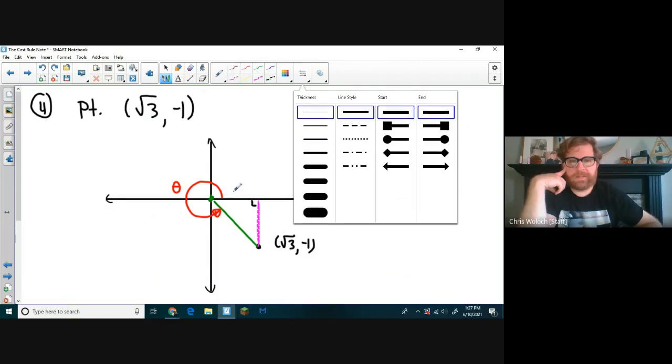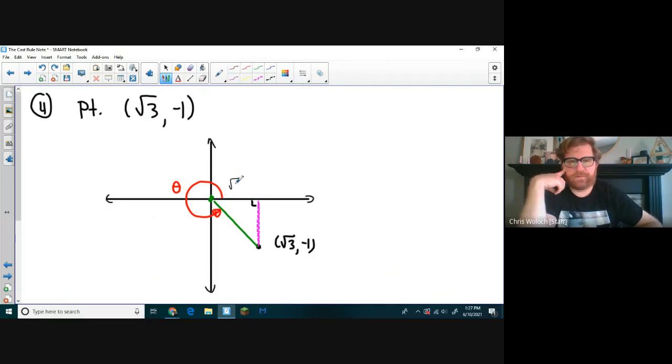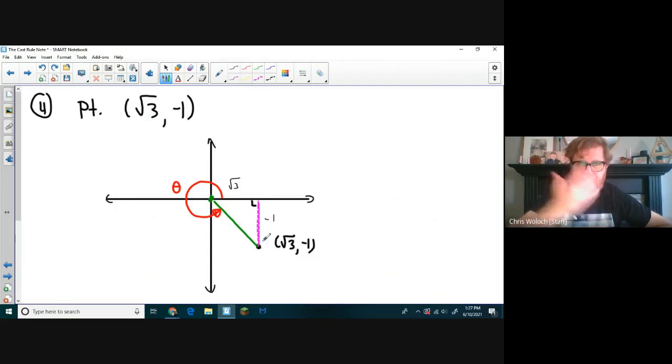And then again, what's the x value? Well, this is √3. Now, like it was mentioned before, the length is 1, but I'm putting the negative because it's the negative y quadrant. And then my radius is 2. And then again, that means that this little chunk here is my related acute, which we know is 30. It's the same. Okay.